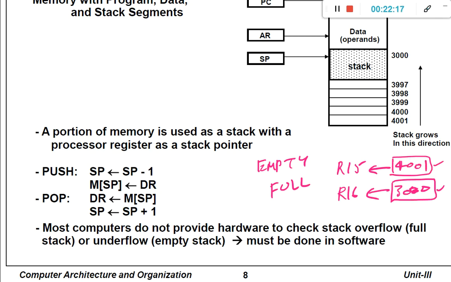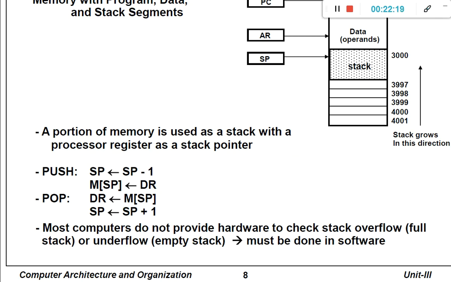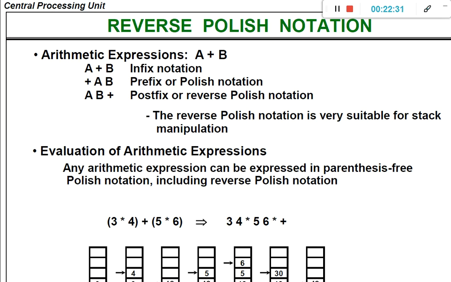So in case of the memory implementation, what is the difference between the register stack and the memory stack? In case of the register stack, we are going to implement the stack using the registers, and in case of the memory stack, we are going to implement the stack as memory locations. So inside of the RAM, we are going to set aside some space for the stack. And then what is the necessity of implementing the stack?